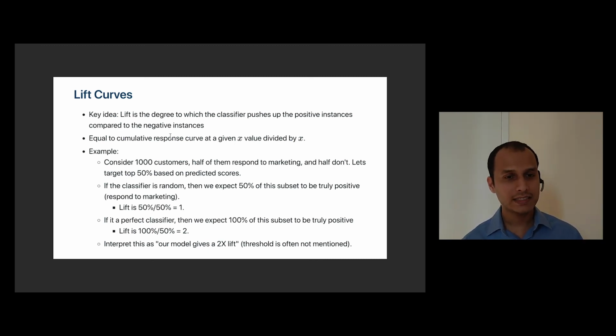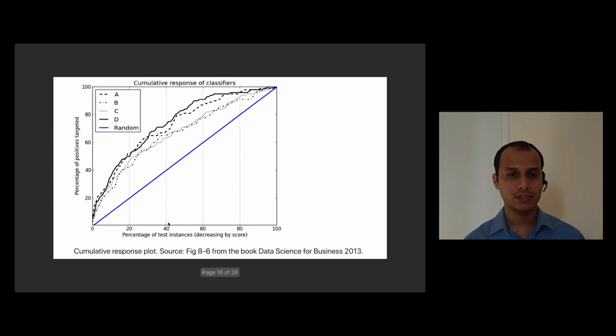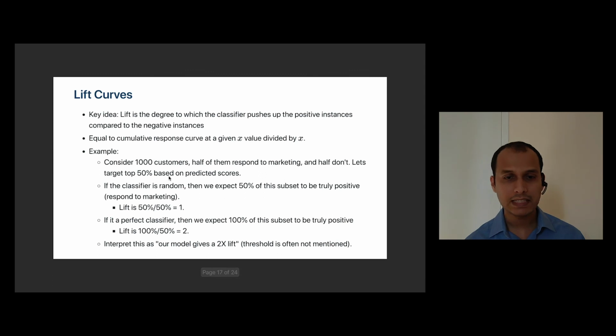This is equal to the cumulative response curve at a given x value divided by x. For example, at 40%, the percentage is about 70%, and the lift value at this x would be 70% divided by 40%. So that's a slightly different representation, but it also captures how well you're doing.